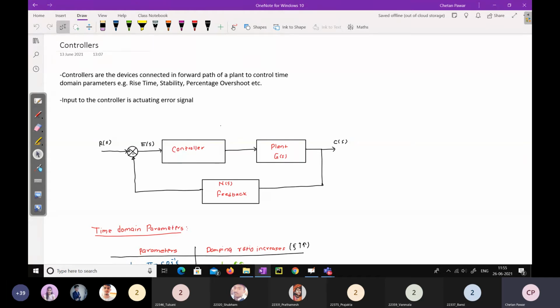So what is the use of a controller? Why do we use a controller in any control system? Okay, so let us see this standard block diagram. So plant, feedback, and controller. If there is no controller, what is the effect on the system? So in a general system, there is a controller, there is a plant, and there is feedback. We apply input and we get the output.